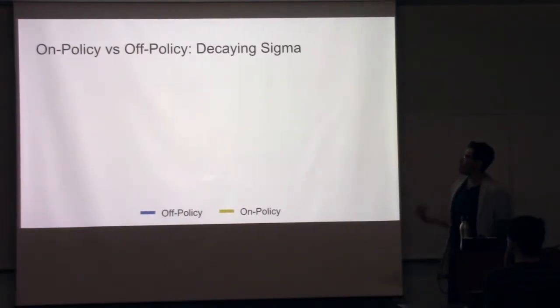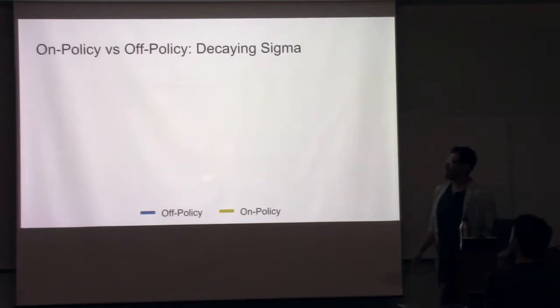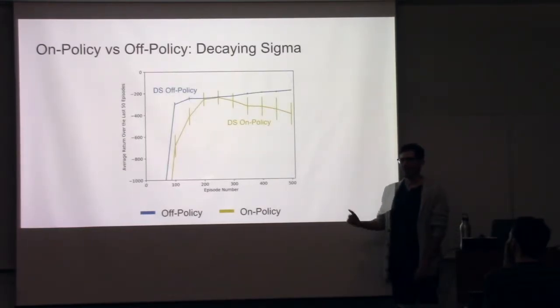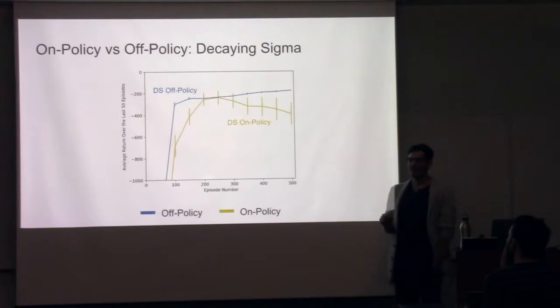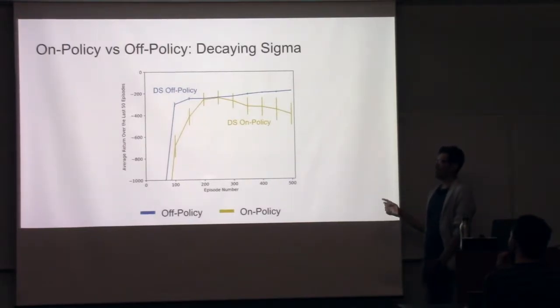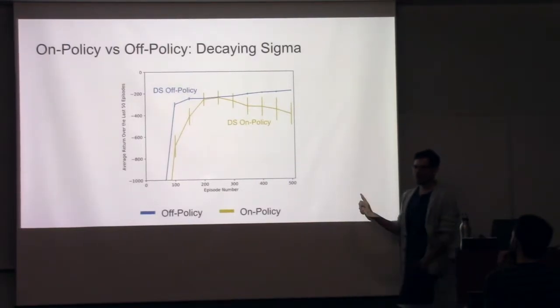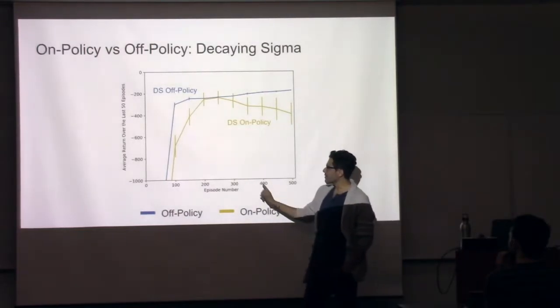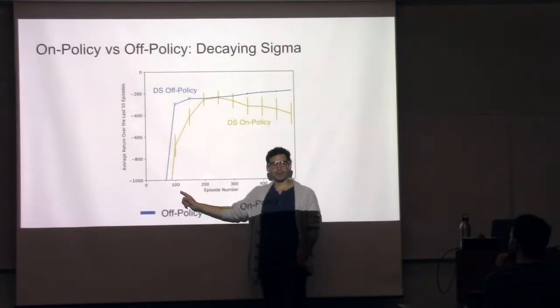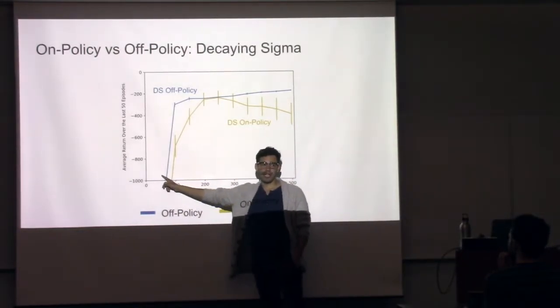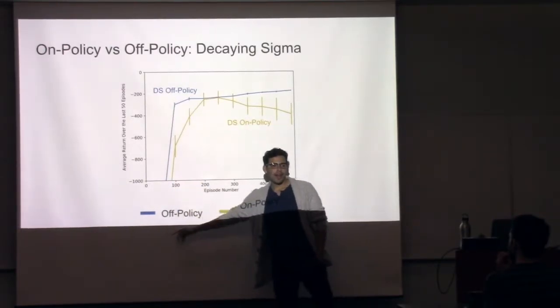Okay, so now what happened with Decaying Sigma? Surprisingly, Decaying Sigma was the other way around. The off-policy algorithm actually performed better than the on-policy one. My intuition is that Decaying Sigma is only using the importance sampling ratio at the very beginning of training.